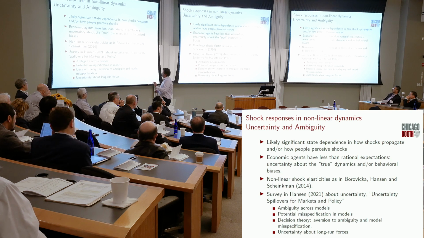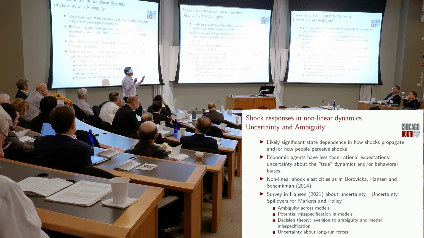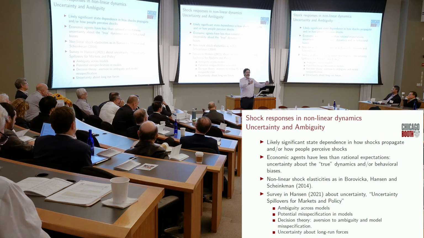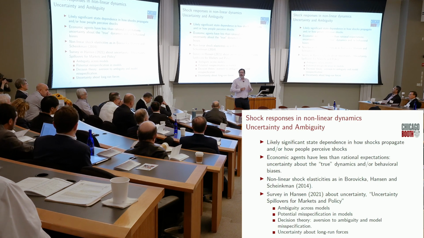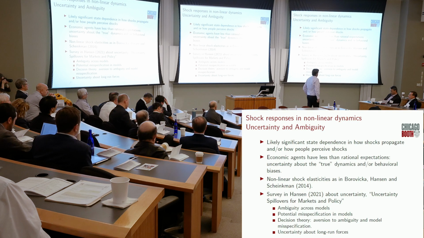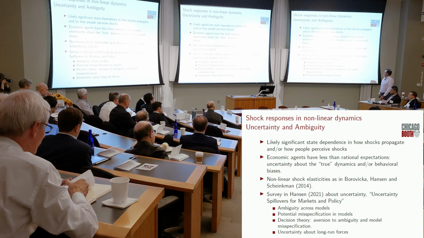And he has this nice example, which I suspect he'll talk about more later, of spillovers of uncertainty, where what he means is that agents don't understand the perfect structure. They have a prior, if you like, over multiple different worlds. So there's some ambiguity across these models, classic ambiguity, or potentially there's misspecification in the models. The way investors think about risk there is driven by analysis from decision theory.